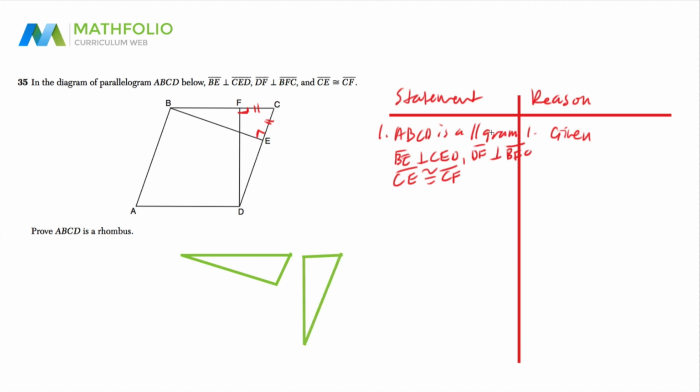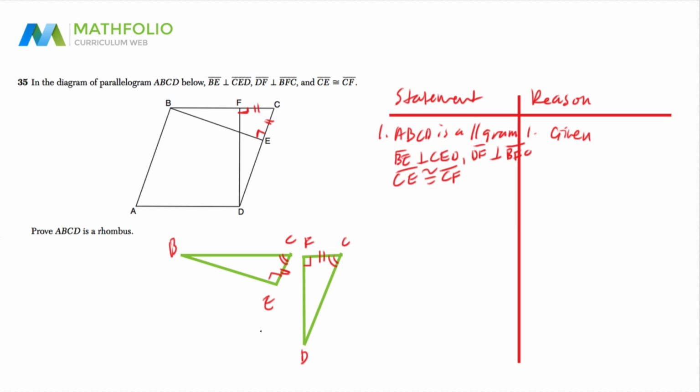This triangle is BCE, and this one is FCD, and we know FC and EC are congruent. We know that this is 90 and this is 90, and we know they both share angle C.